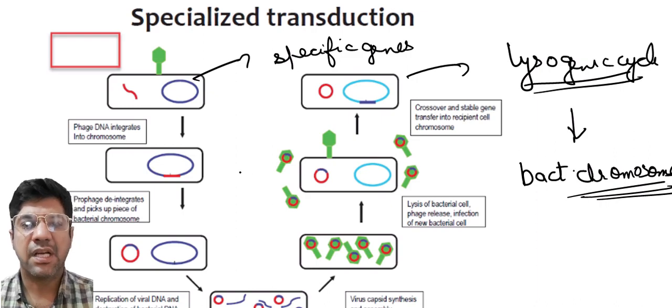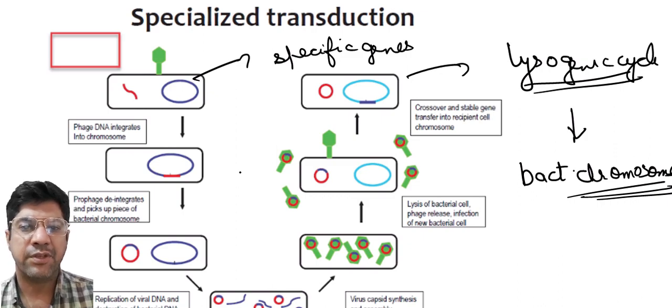So generalized transduction is a random process that can transfer any piece of bacterial DNA, while specialized transduction is a more specific and controlled mechanism that transfers specific genes or regions of the bacterial chromosome.